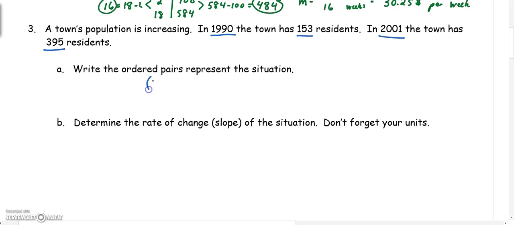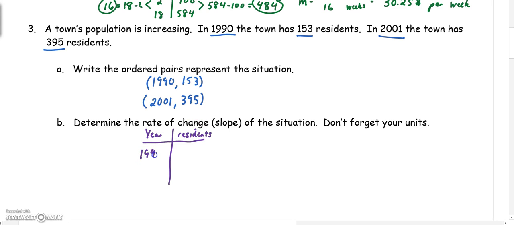I'm going to write my ordered pair, 1990, comma 153, and 2001, comma 395. I can make my table again. I have the year, and I have residents.